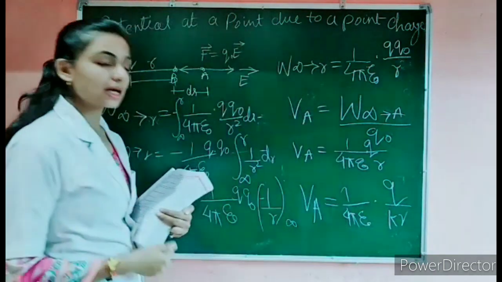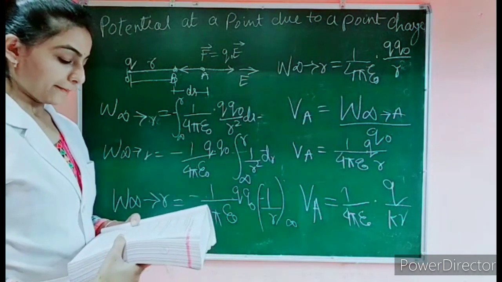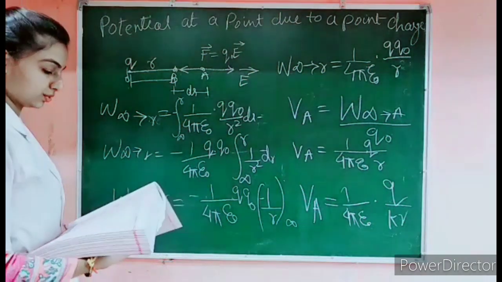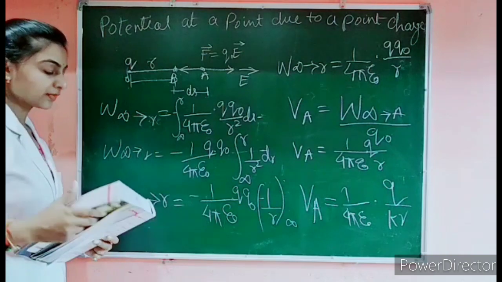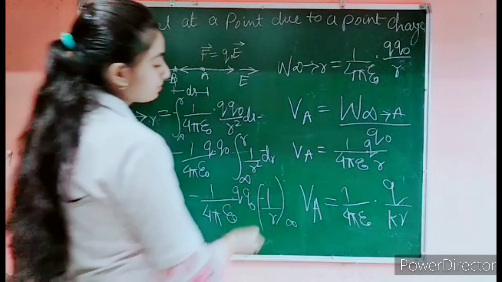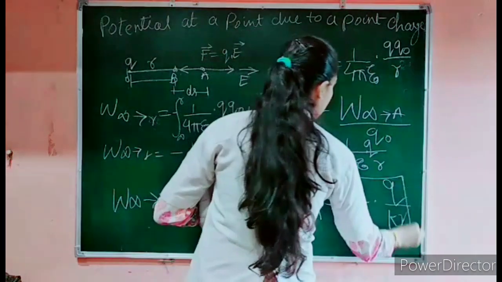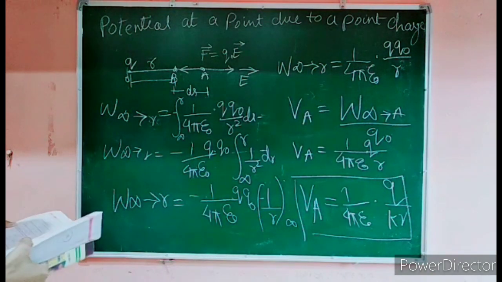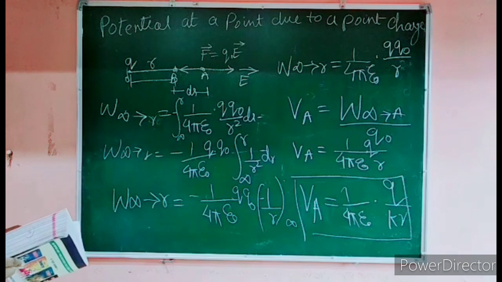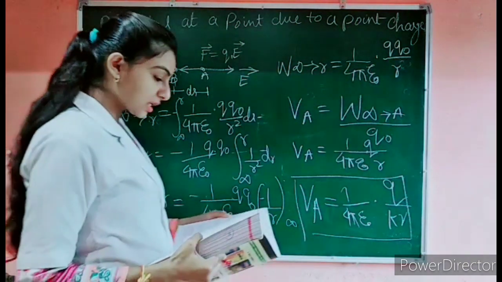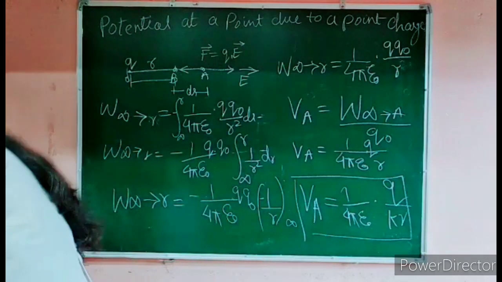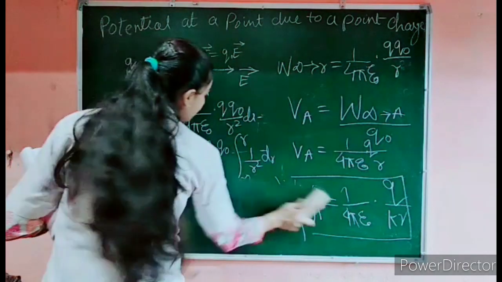If there is a dielectric constant K around the charge Q, this is our final electric potential due to a point charge. Okay. Now, if there is a system of charges, this is our second topic.